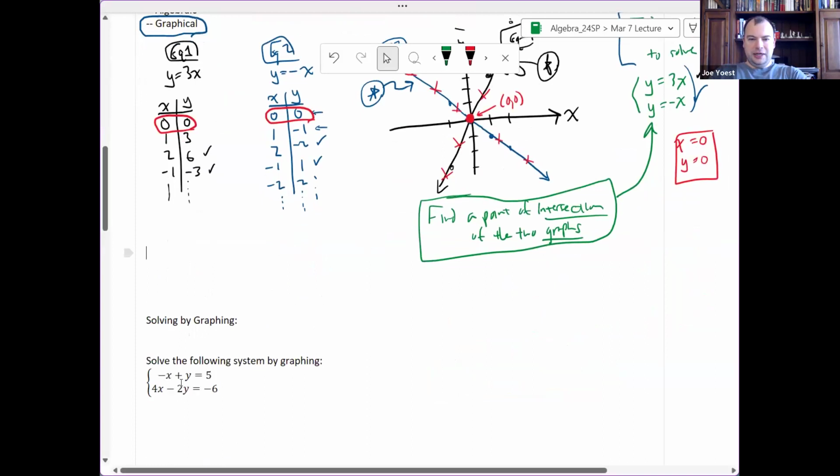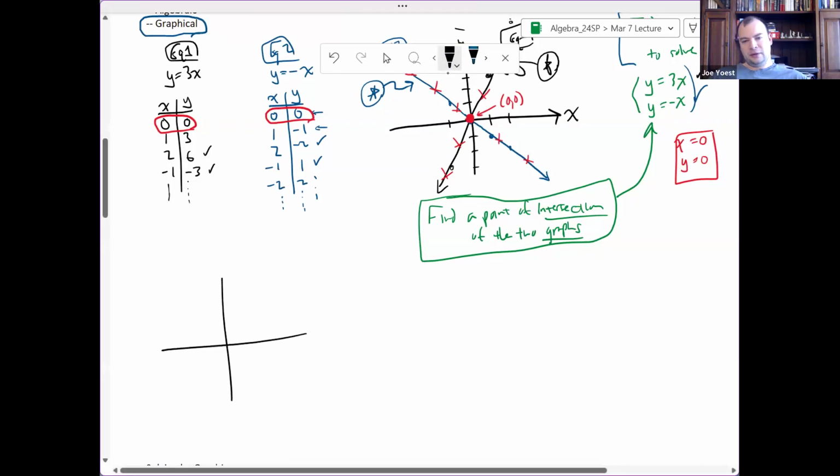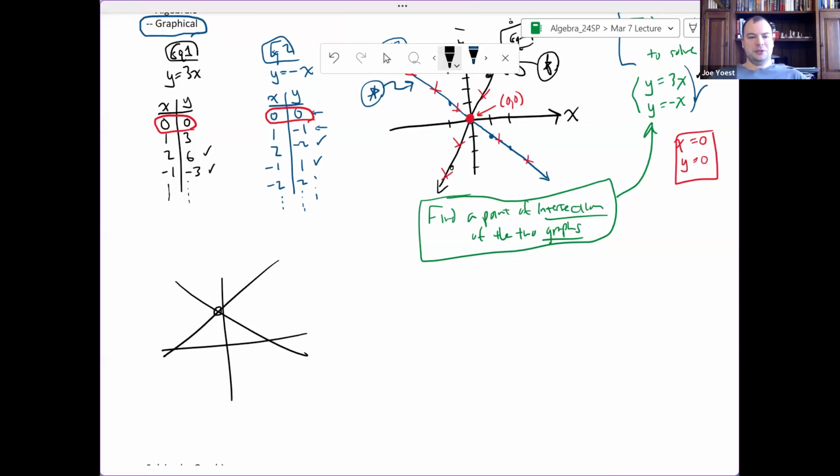Now, if we plot two lines, if you just draw two straight lines at random, most of the time we have exactly one solution.